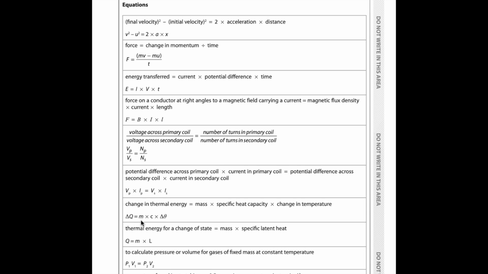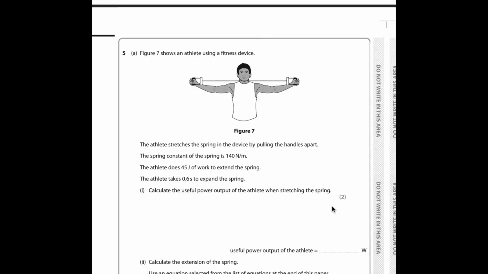So delta Q equals m c delta theta. And we're looking to calculate the temperature of the water before it was heated.